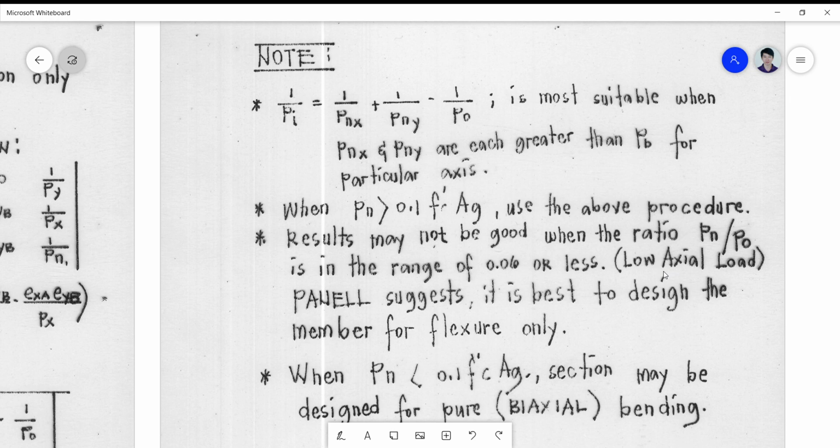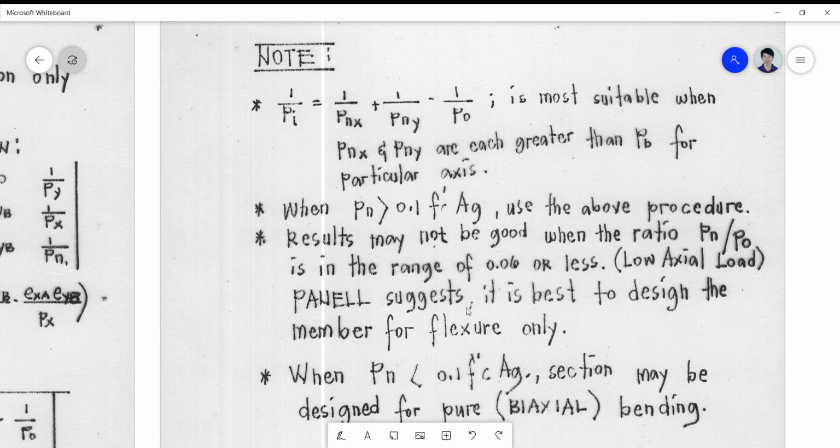So this is a low actual load, and the PCA suggests it is best to design the member for flexure only. For low actual load, again, what happens with your 1 over Pn there? This becomes very big, and your error will be very big. So the PCA suggests that instead of using a reciprocal method, you use a beam method, a flexural-only method.